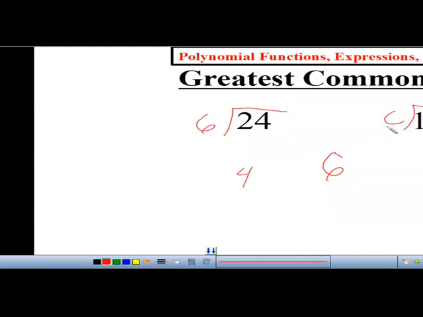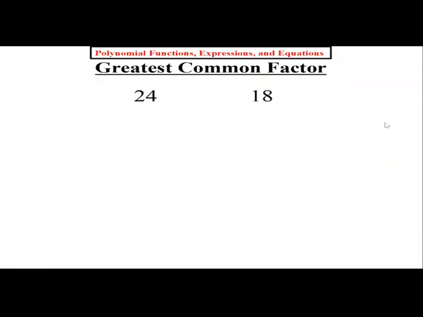Divide 18 by 6, we're left with 3. So 6 seems to be our GCF. Is there another factor in common for these two other than 1? No. So if that's it, that's it. I think we got this, yeah? All right. Let's crank it up a notch.